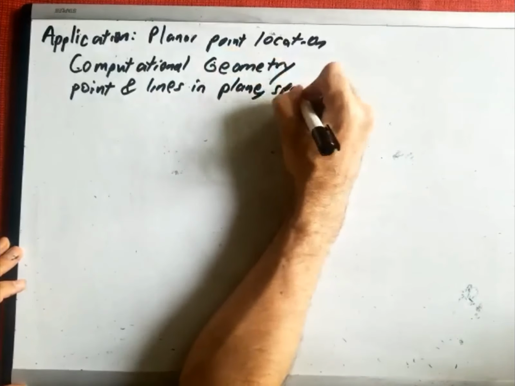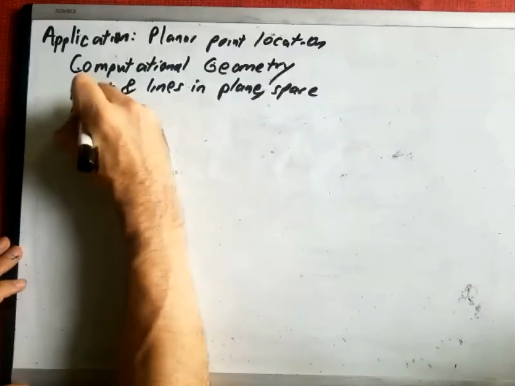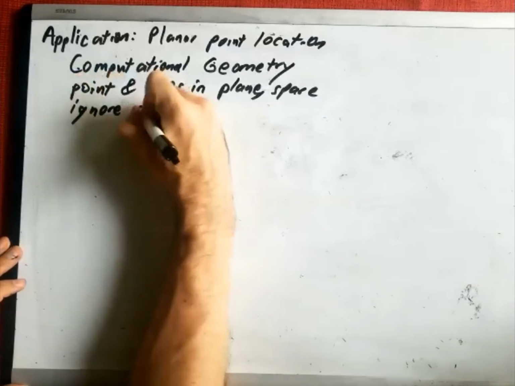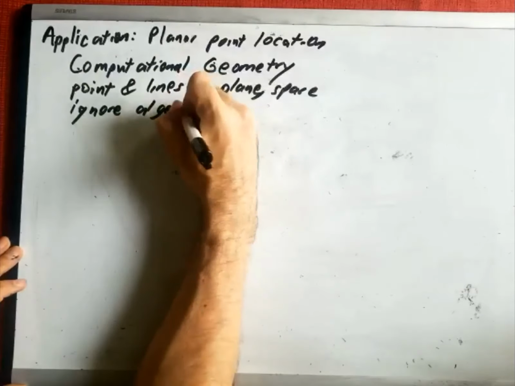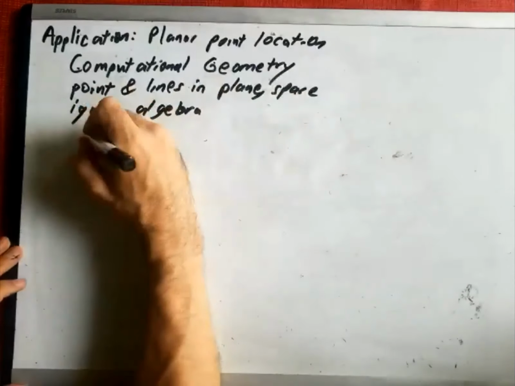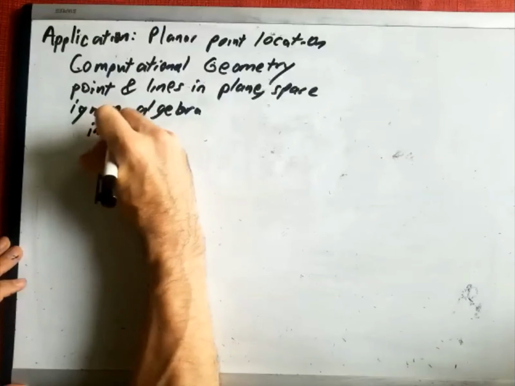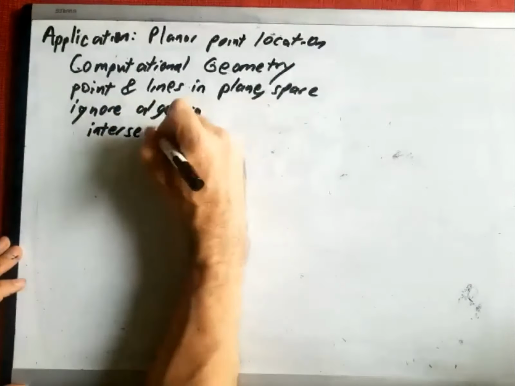or in space, and it ignores the algebra that you need to actually compute and just talks about things like intersections, finding the point of intersection of two lines, or asking about whether a point is on a line or which side of the line it is on, or asking about the length of a segment.